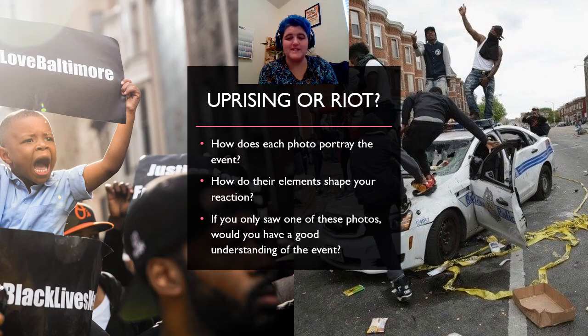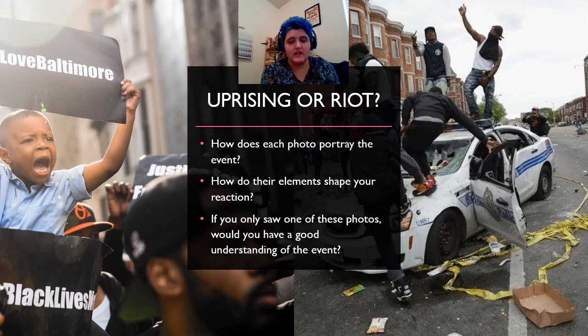Each photo makes a different argument about what happened, right? So what argument does each photo make? How do their elements shape the argument that they're making? And if you only saw one of these photos, would you have a good understanding of what happened?